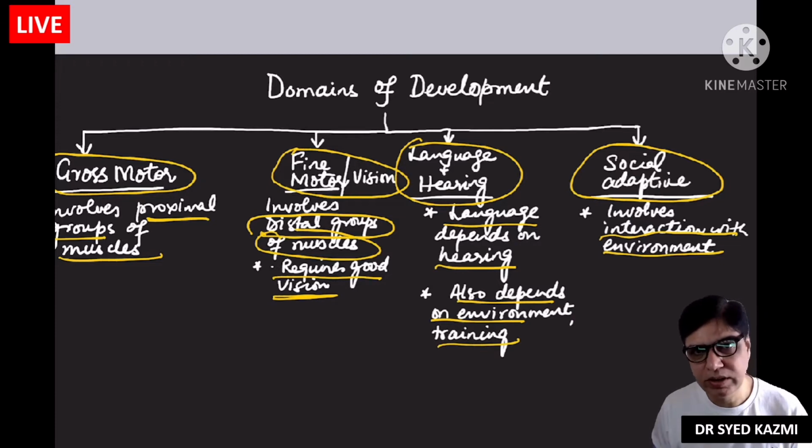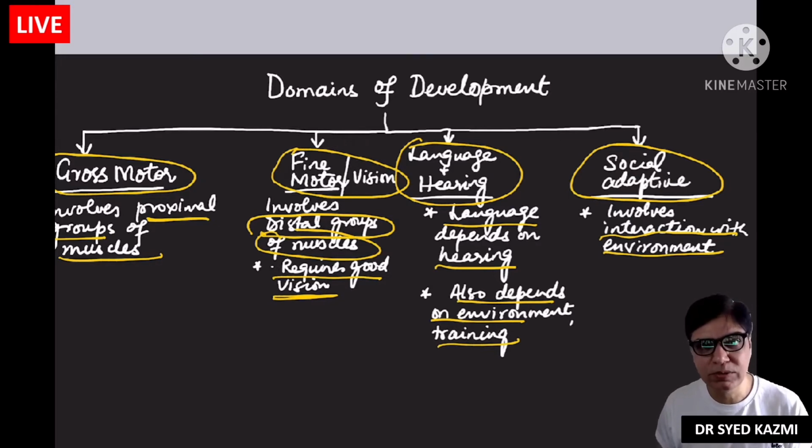As I told you earlier, some books also talk about an intelligence domain, which depends on how intelligent the child is, and that depends on how much he is able to solve complex scenarios, and that again depends on the age. And obviously you cannot expect a child who's 6 or 9 months of age to do complex things. So when we talk about the intelligence domain, it comes at a later stage.